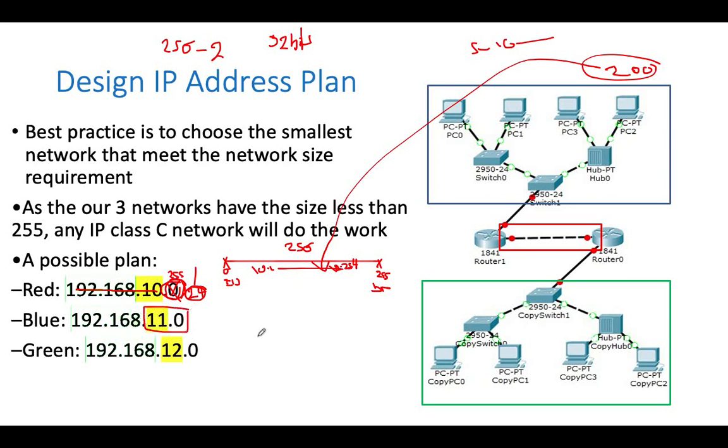For any big number, ask yourself right away: if I want 200, can I fit them in this one only? Yes. If I want 500, can I fit them here? No. If I cannot fit them here, what to do? Take the next one, so take both of them. Can I fit 10,000 over here? Yes or no? No. Move to the next one like that.